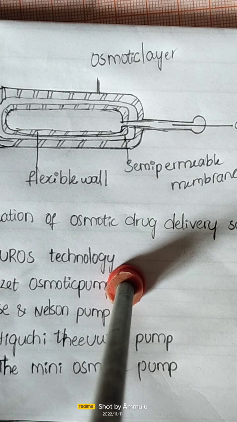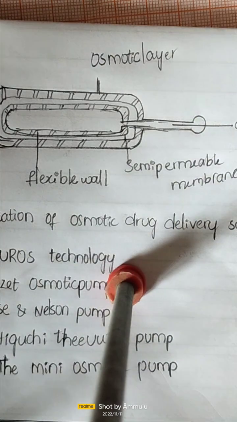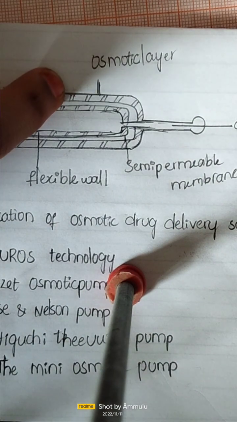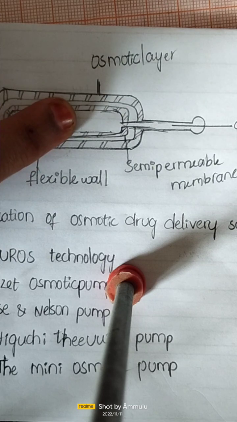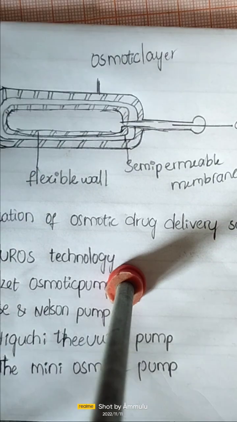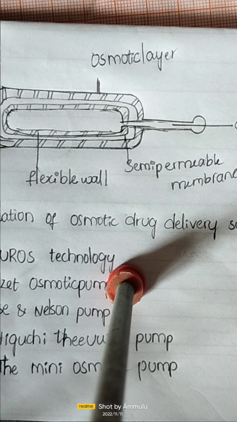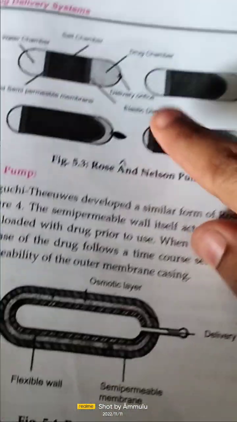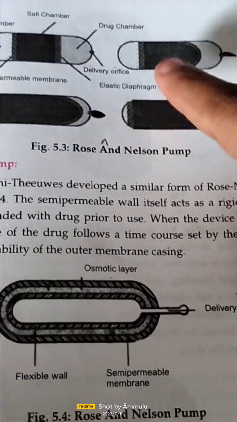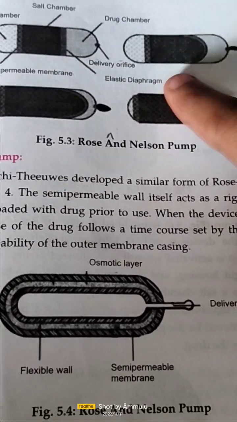Sorry, the diagram I was showing belongs to the Higuchi-Theeuwes pump. Now I will talk about the Rose and Nelson pump. Rose and Nelson are Australian physiologists. I will show you the diagram of the Rose and Nelson pump.